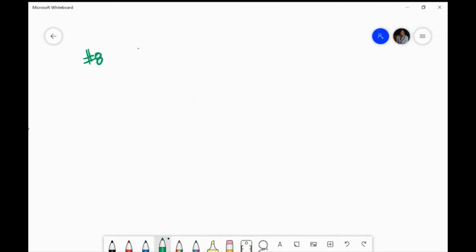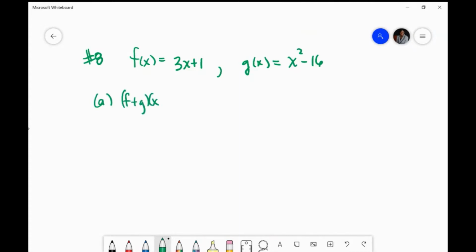Number 8. F of x equals 3x plus 1. And g of x equals x squared minus 16. Let's first find out what f plus g of x equals. All right, what is the definition?